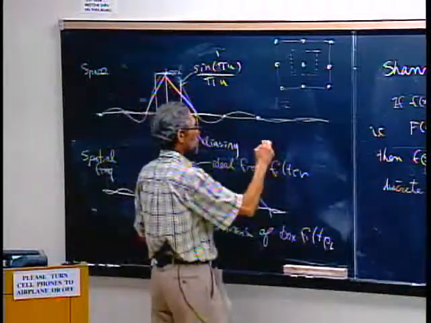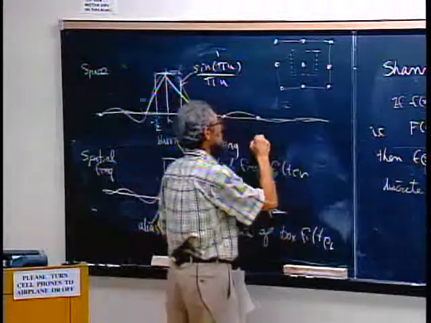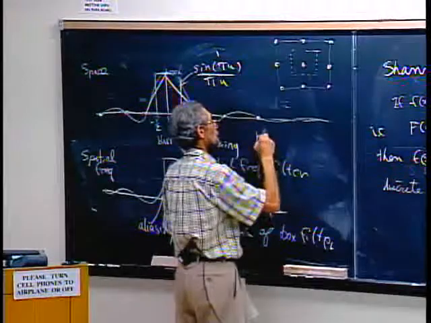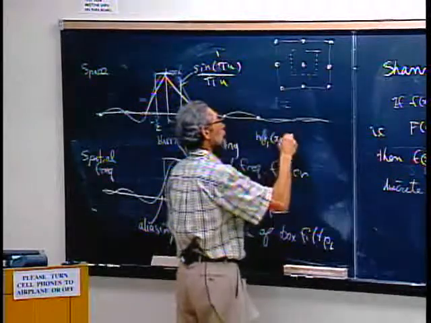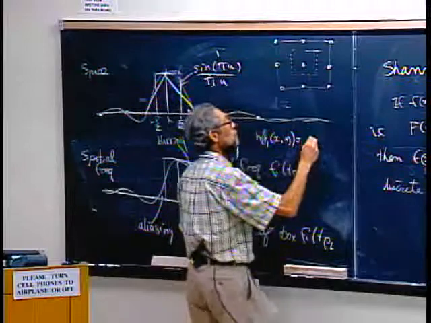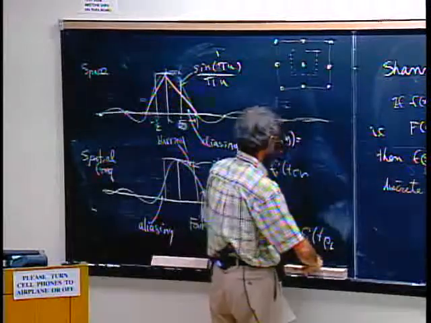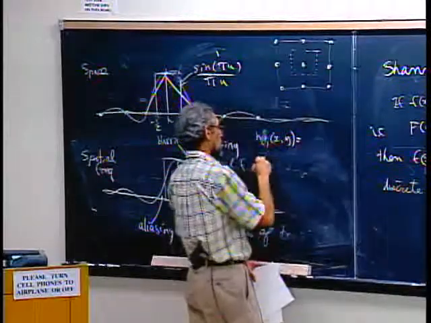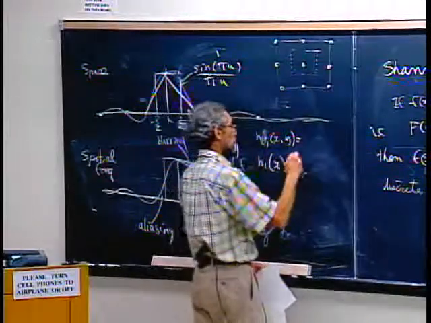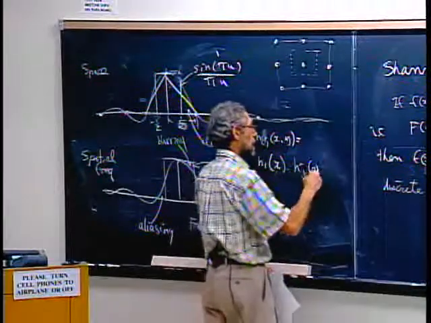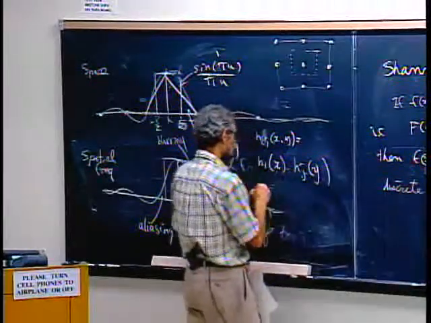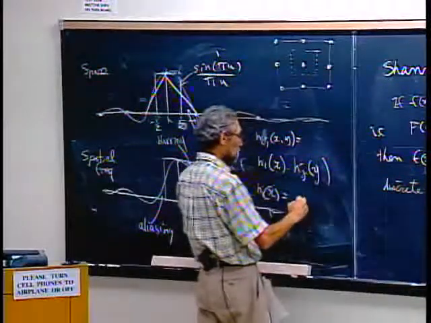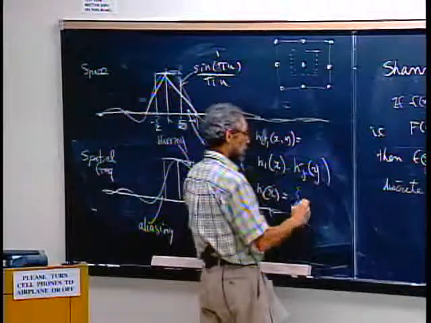So this filter in two directions is h_ij of x, y, which is the same as h_i of x times h_j of y, and h_i of x equals, let's see, it's got to linearly increase up to 0.